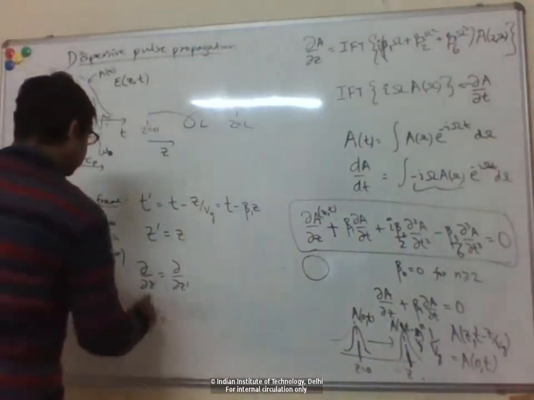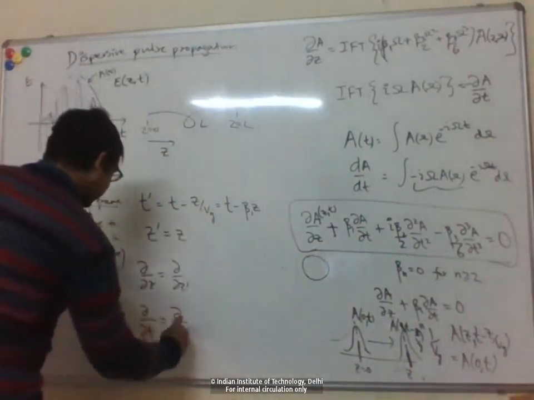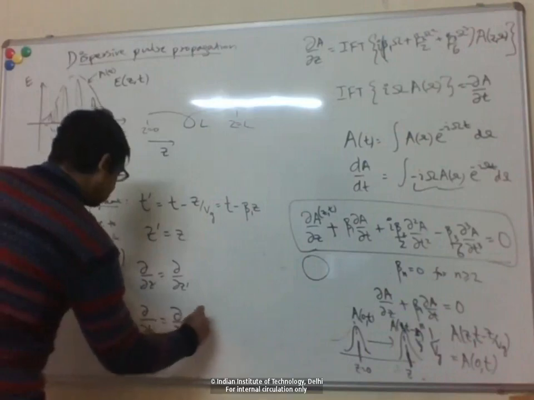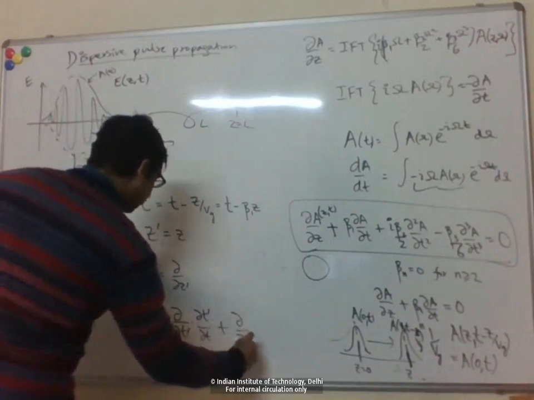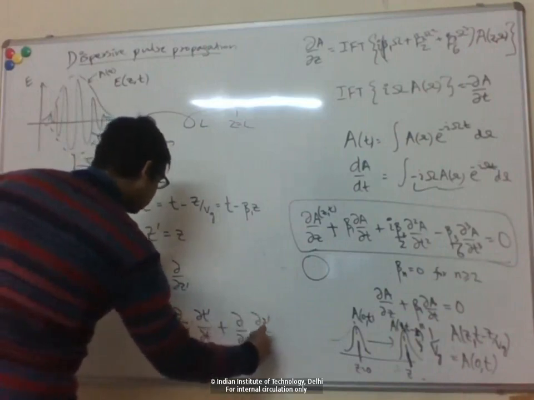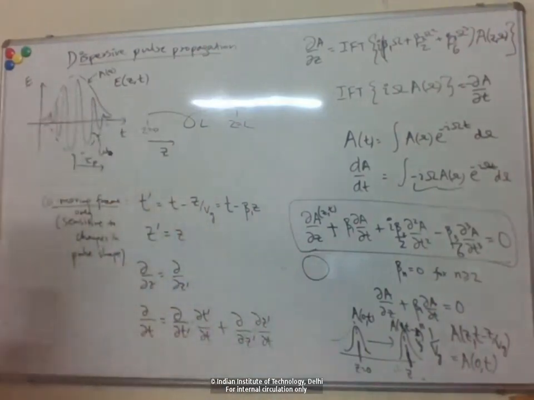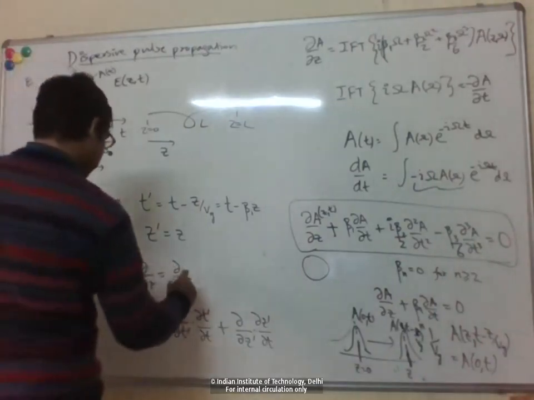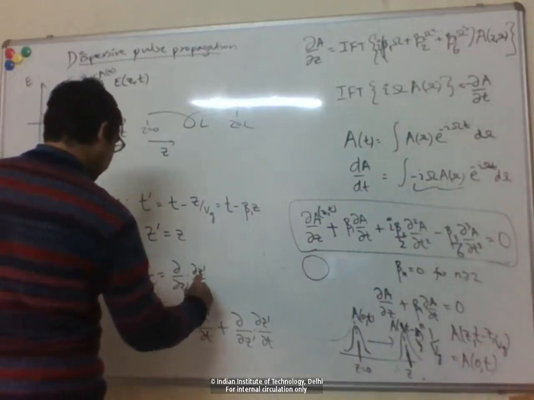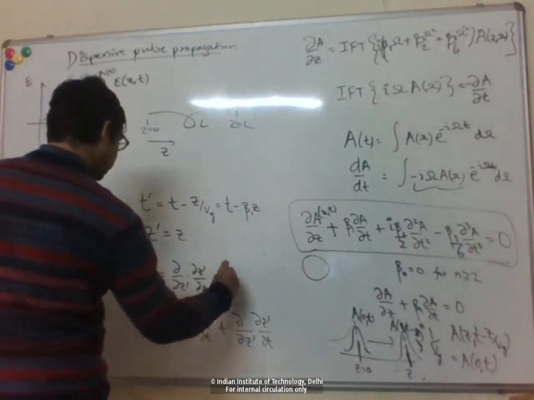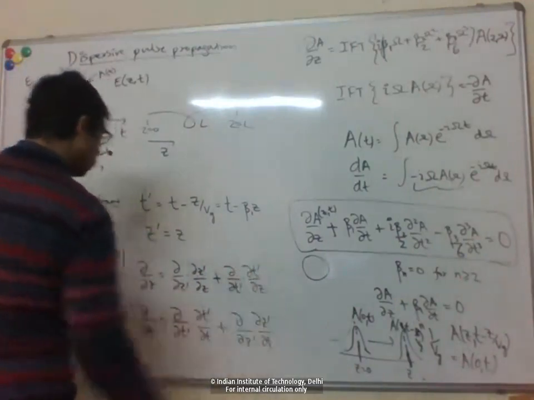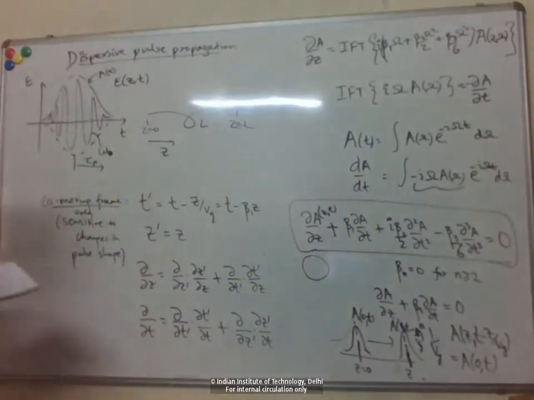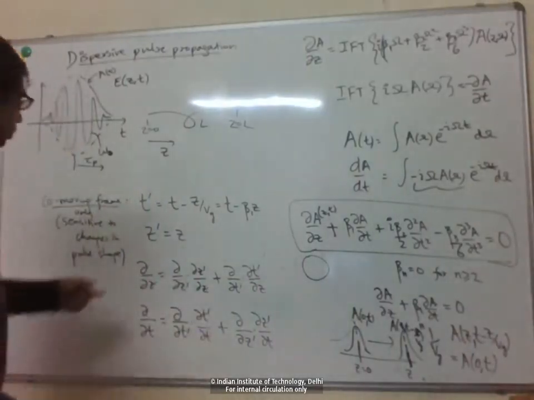Since now t is a function of t prime and z, I can write this using the chain rule: del over del t prime times del t prime by del t, plus del over del z prime times del z prime by del t. I have to use the chain rule for both these terms.